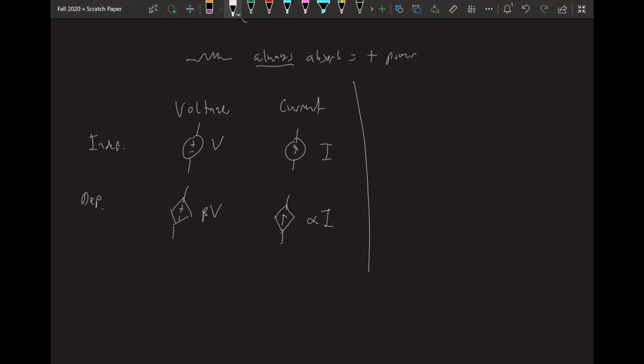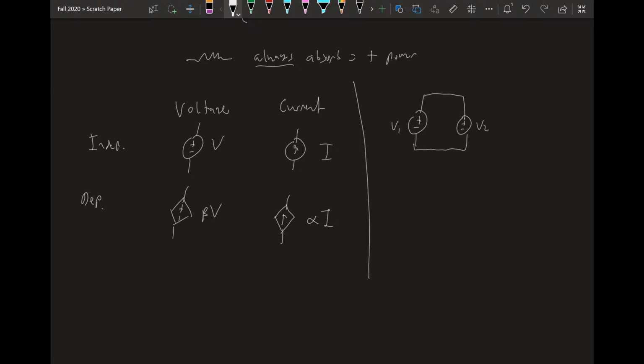Some important things to note are how sources behave when you cascade them and put them together. For example, if I have a voltage source V1 and a voltage source V2, and I wire them in parallel, can we do this? Yes or no?